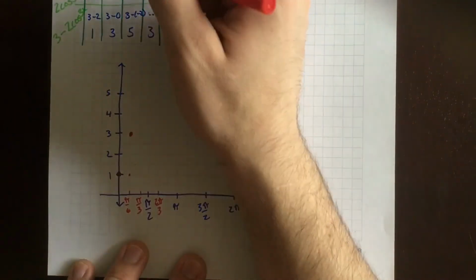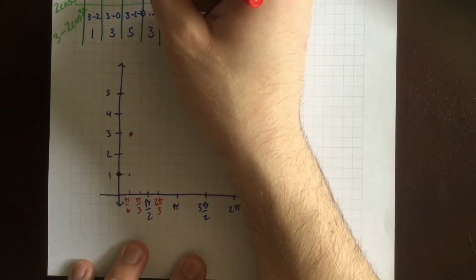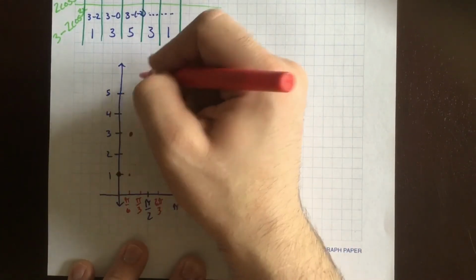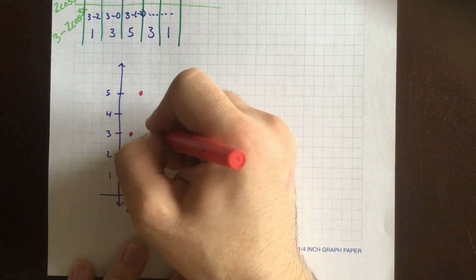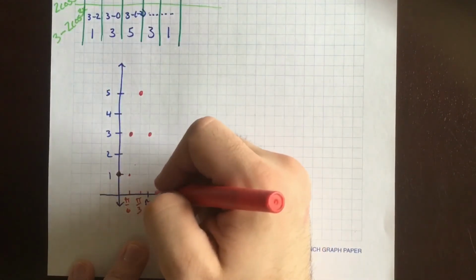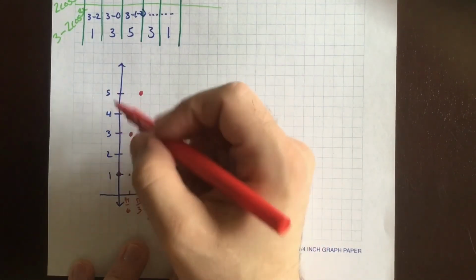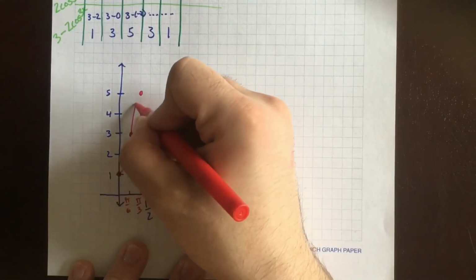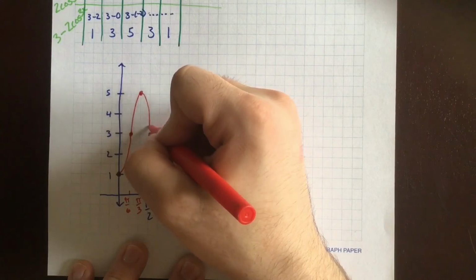At pi over 3, we're at 5. At pi over 2, we're at 3 again. And at 2 pi over 3, we're at 1. This is cosine, remember? So it should make sense that we're getting this shape.